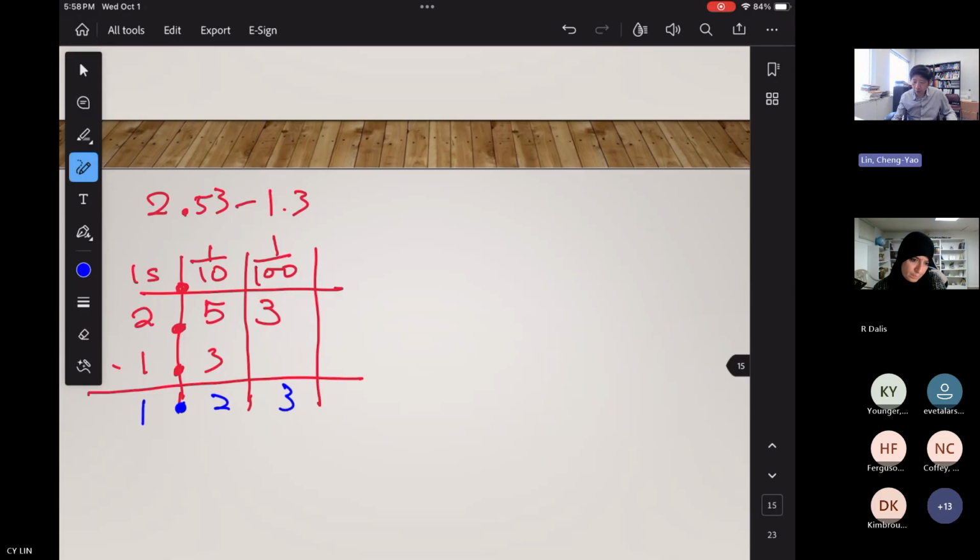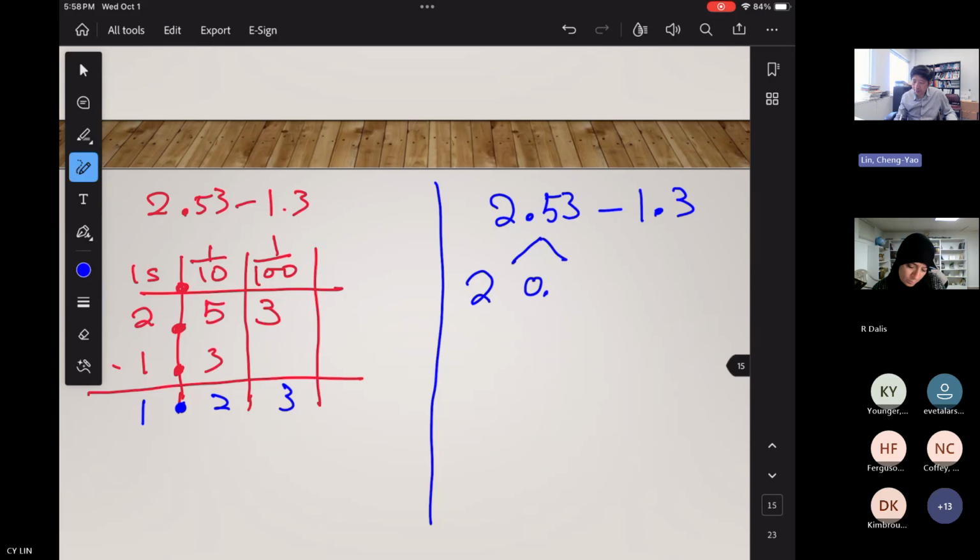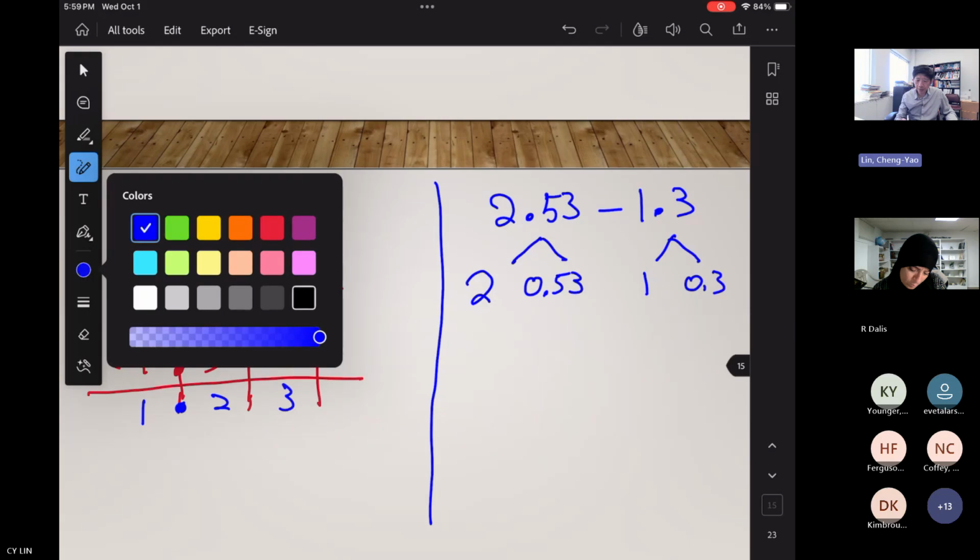Yes. Now, what about, can we do method 2? Is method 2 working for this? Yes. Let's try it. So we decompose this as a 5 and then 53 hundredths. Is that right? 5 and 53 hundredths. And then we could decompose this as 1 and then 3 tenths. And now we want to do subtraction here.